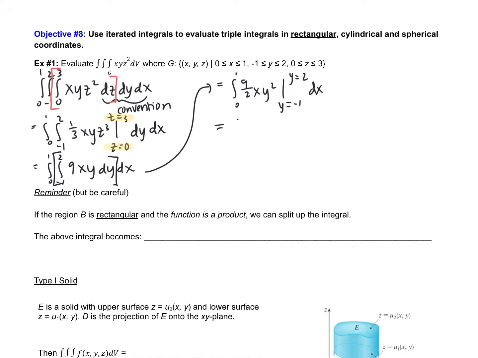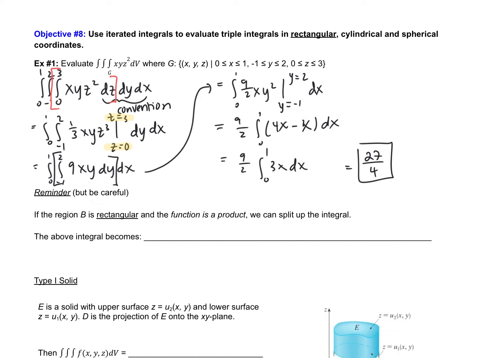So what that gives us is, if I take out the 9/2, and I have 0 to 1, I'm going to get 4x subtract 1x dx. So this gives me 9/2 integrating from 0 to 1, 3x dx. And if you trust me, I'm going to tell you that answer ends up being 27 over 4.